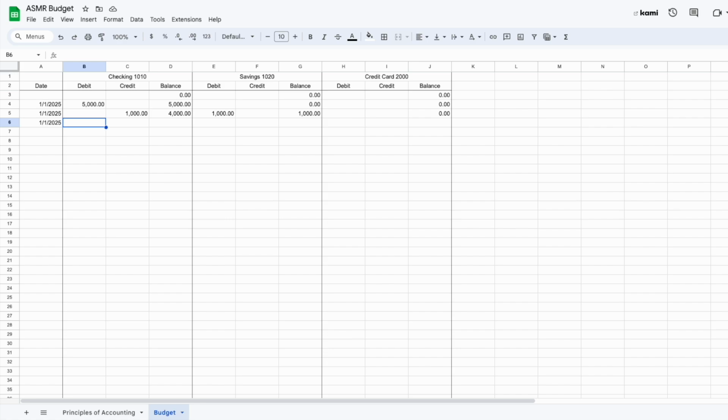But because you're using a credit card, it's going to cost a little extra. There's some fee. Now, since it's going on a credit card, you can think of it as borrowing money. So it's a liability. So it'll increase on the credit side.